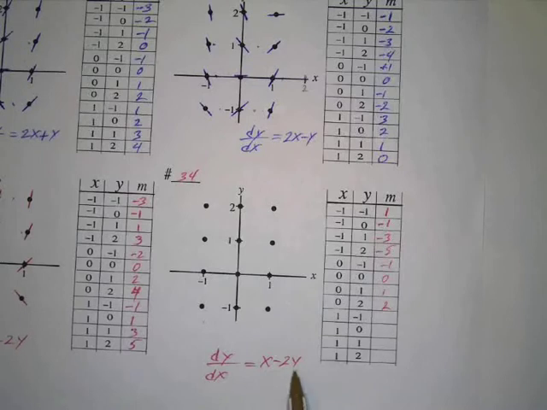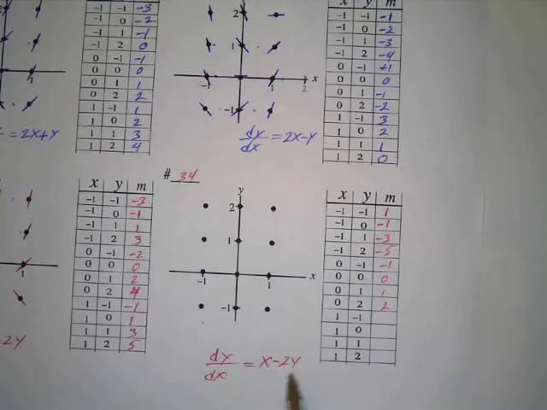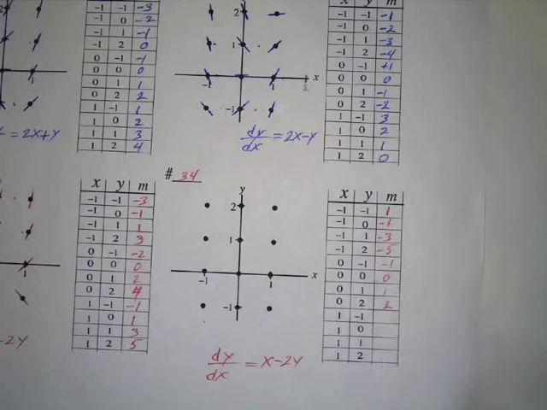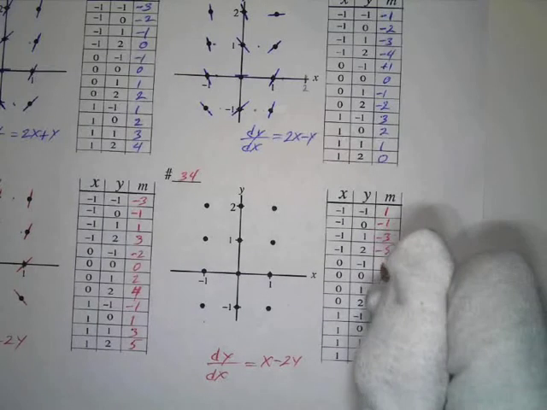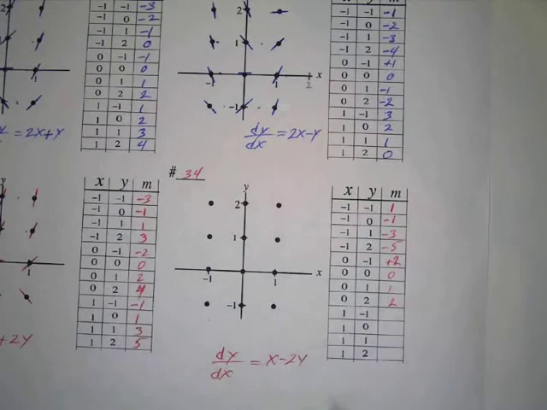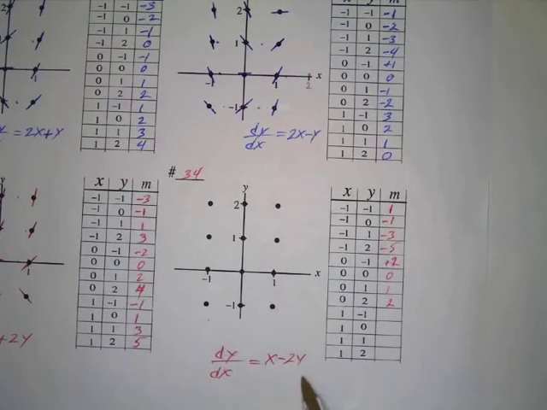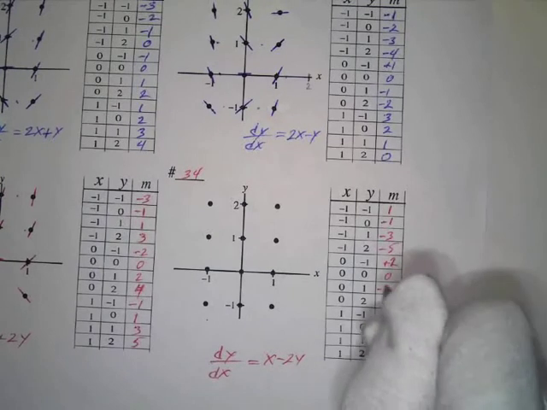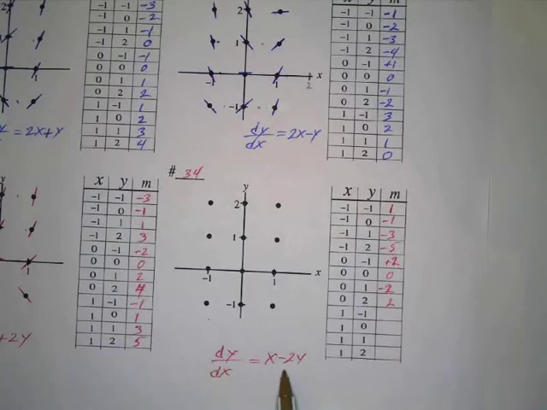When x is 0, this is going to be negative 2y, so this is going to be positive 2, excuse me. And this will be negative 2. And then this is going to be 0.